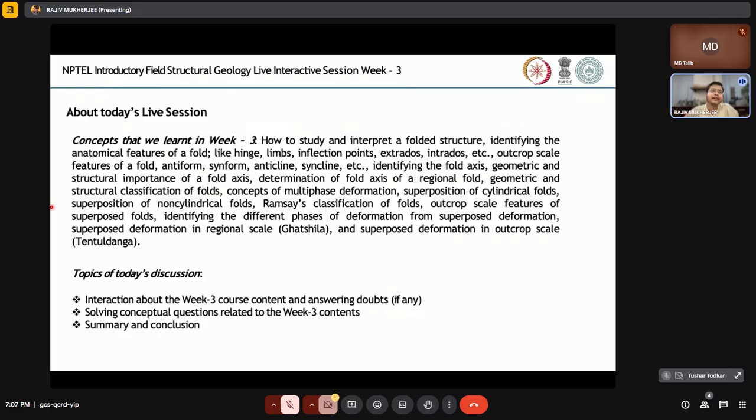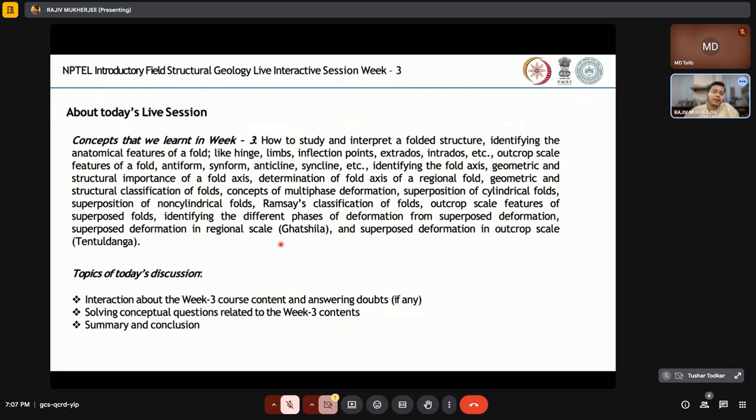And that is how in different regions we identified whether it is a type 1 interference or a type 3 interference. These are the kind of things that we generally carry out from large scale field work in a very large region, and then we interpret how these different phases of deformation are related to each other, and most importantly which one is the first phase of deformation and which are the following phases of deformation.